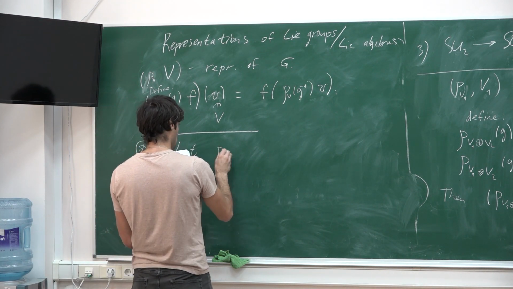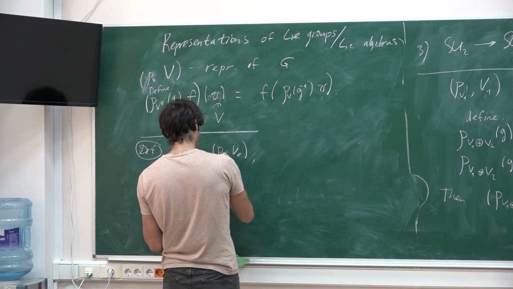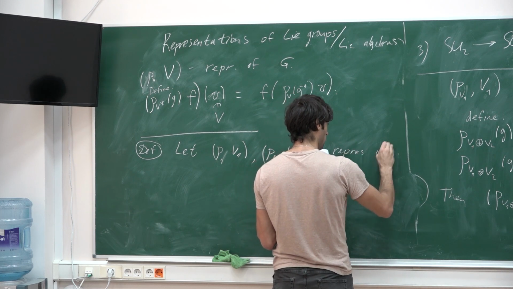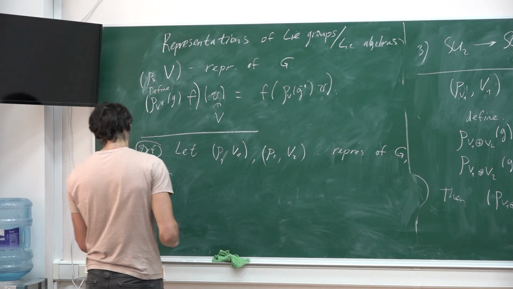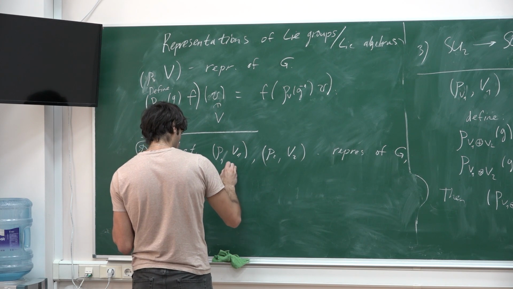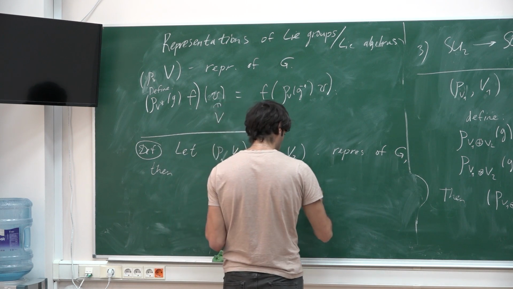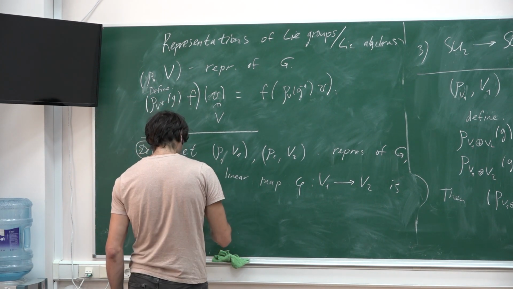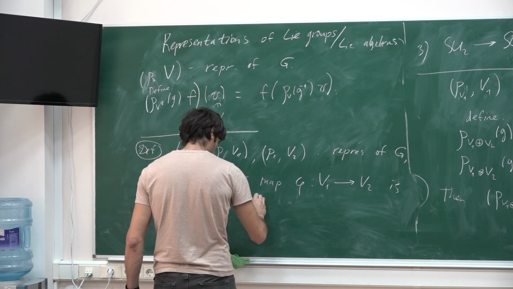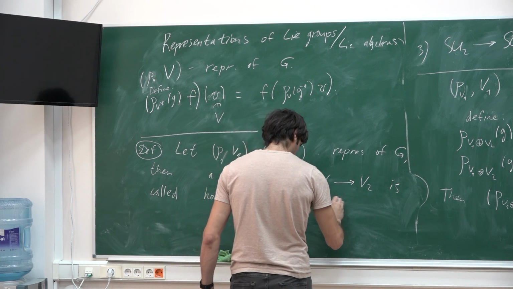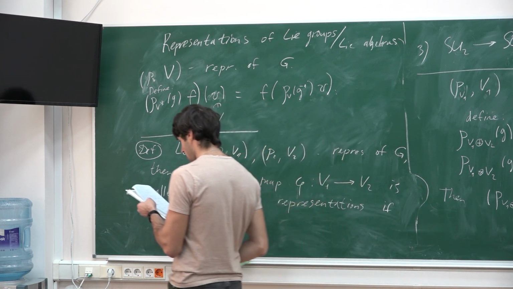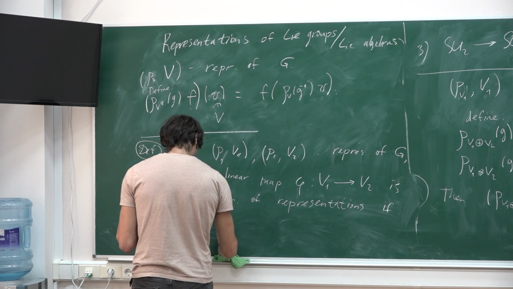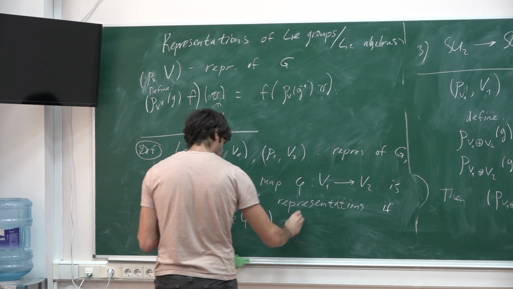Let rho 1 on V1, rho 2 on V2 be representations of G. Then a linear map phi from V1 to V2 is called a homomorphism of representations if the following happens: phi of rho 1 of G equals rho 2 of G phi for every G in G.